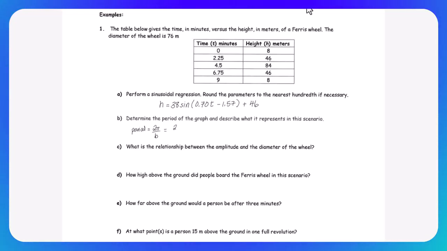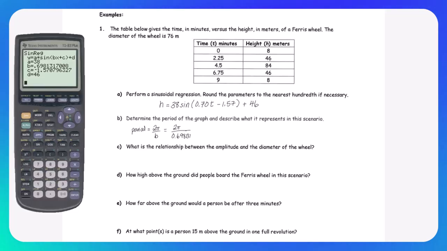So we're going to say 2 pi over 0.698131, something like that. We could double check with our calculator just to be sure. 0.698131. Perfect. That's enough decimal places to avoid rounding errors.